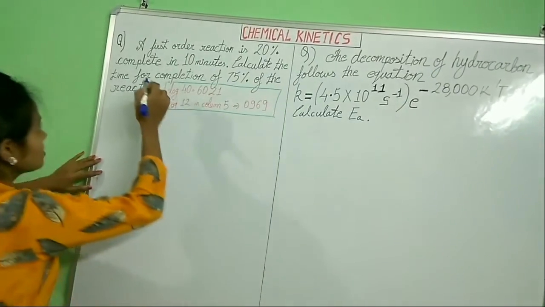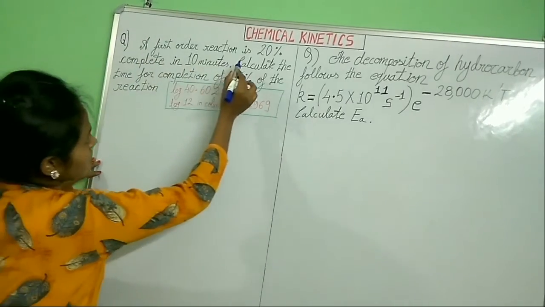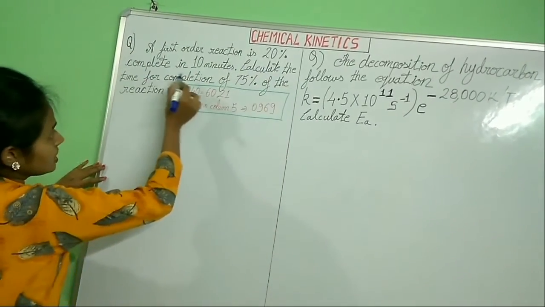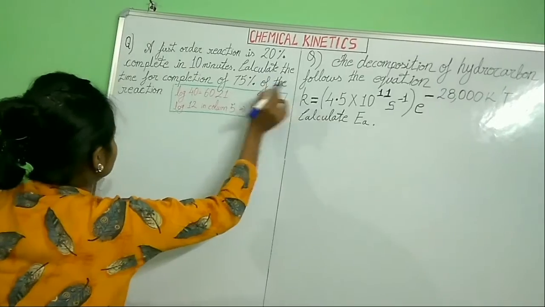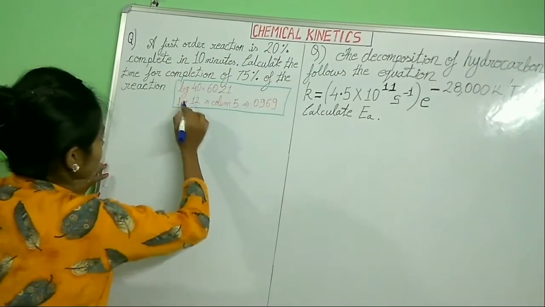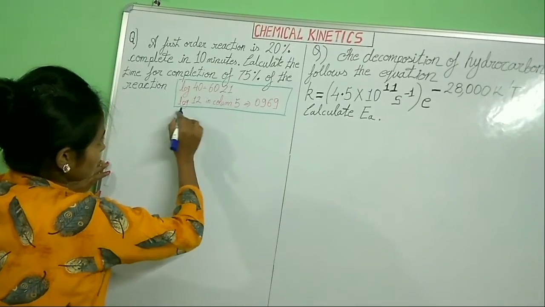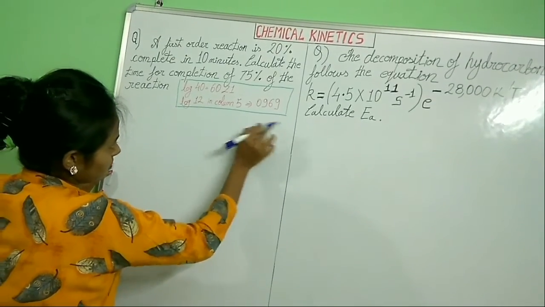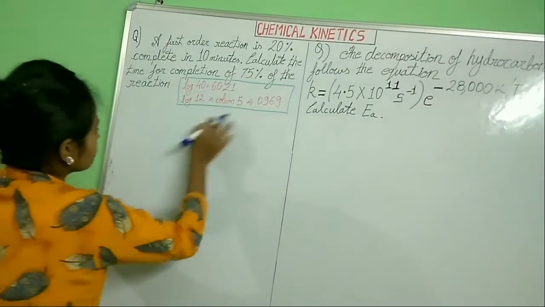The next question is, a first order reaction is 20% complete in 10 minutes. Calculate the time for completion of 75% of the reaction. Log 4's value is also given, and log 1.2's value in column 5 is 0969. This is for your help.